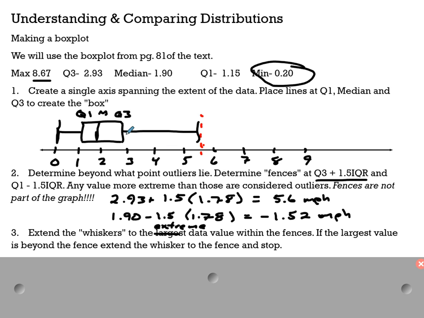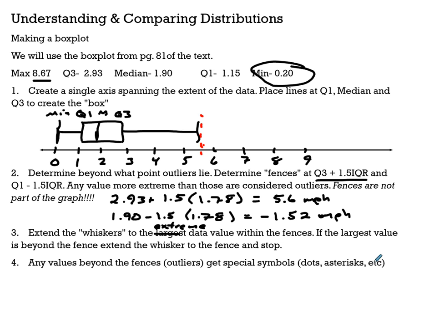So there are our whiskers, and that's our min, Q1, our median, our Q3. This value here is not the maximum value. We're going to have to do something special with the maximum value, because any values beyond the fences get special symbols.